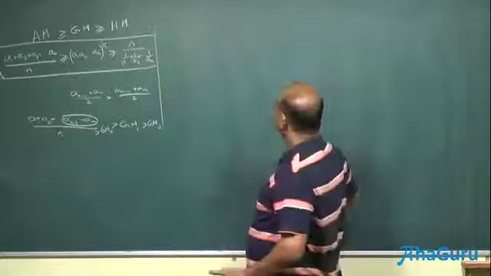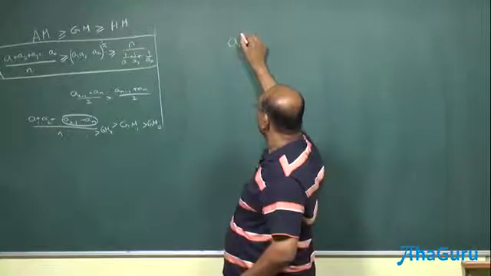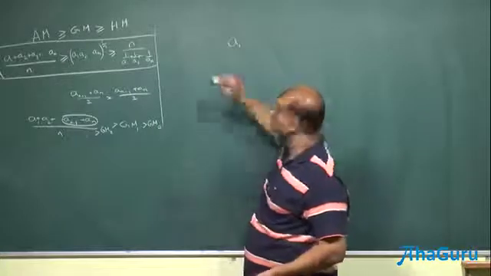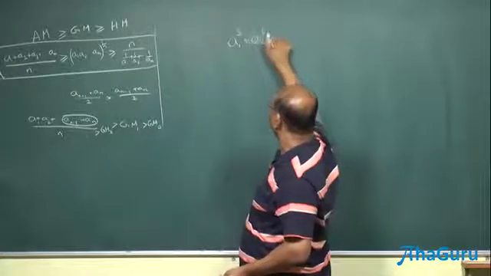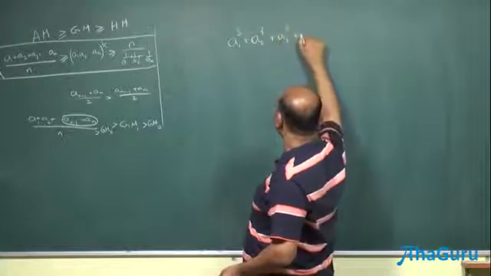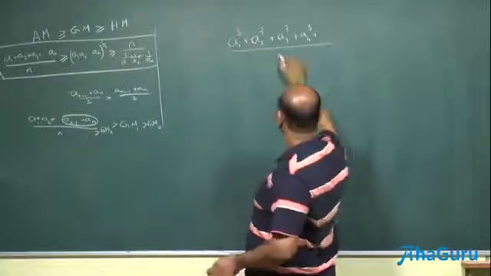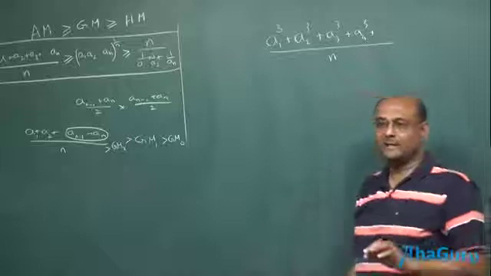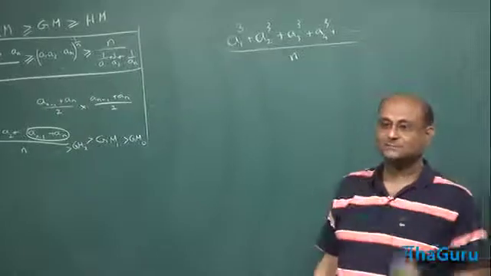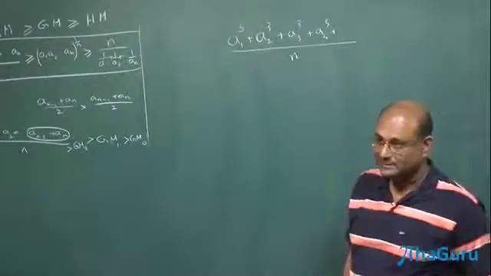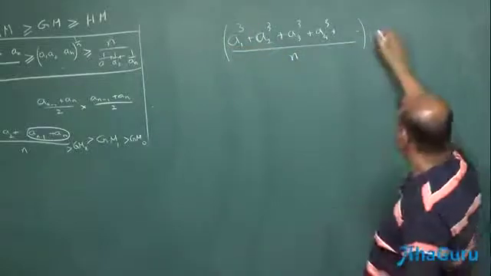If I had these numbers A1, A2, A3, think about A1 cube plus A2 cube plus A3 cube plus A4 cube by n. This is the arithmetic mean of the cubes. Now I can look at the arithmetic mean of the numbers, and the arithmetic mean of the squares. Is there any relationship between them? It turns out there is.